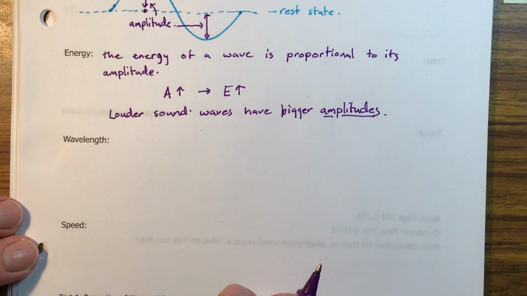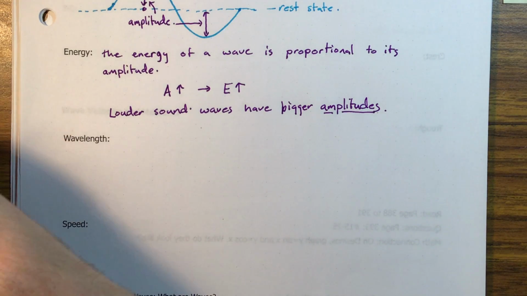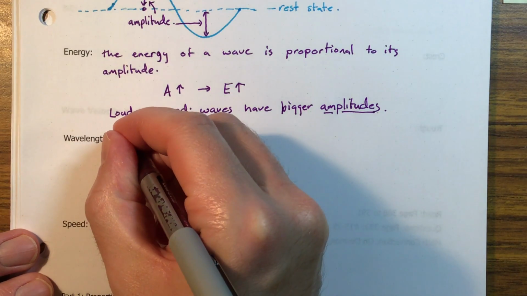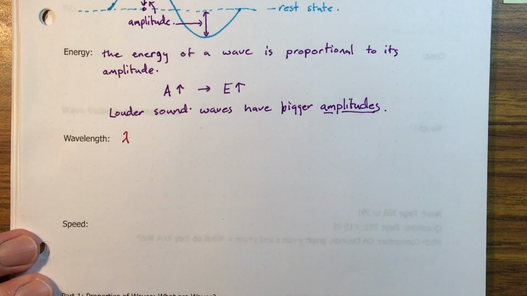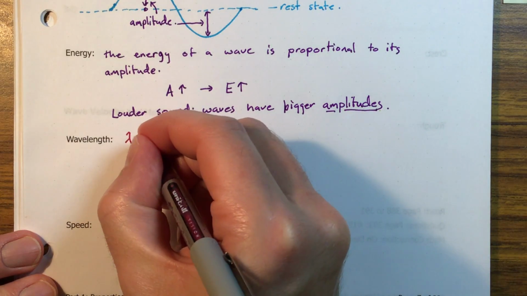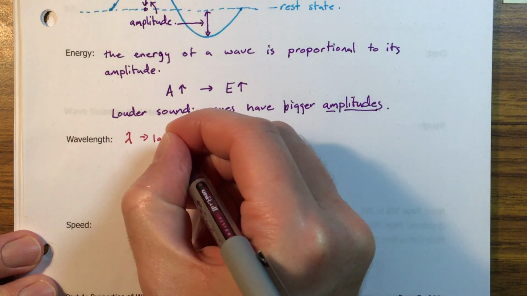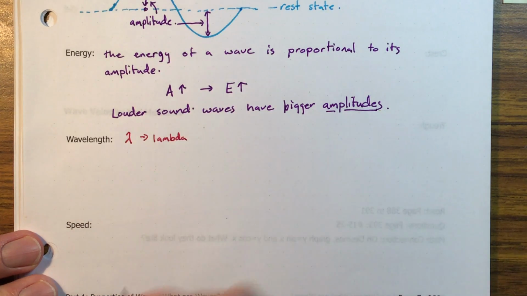Right, so the wavelength. For the wavelength, we give a special symbol. It's this symbol here. This is called lambda, and this is the symbol for wavelength. A lot of times we measure wavelengths in distance.